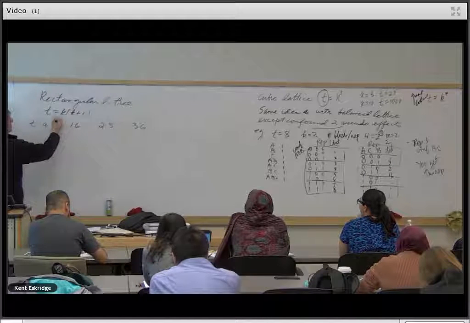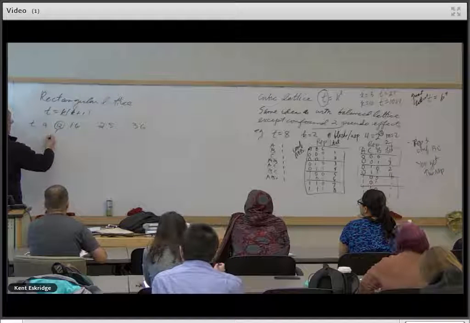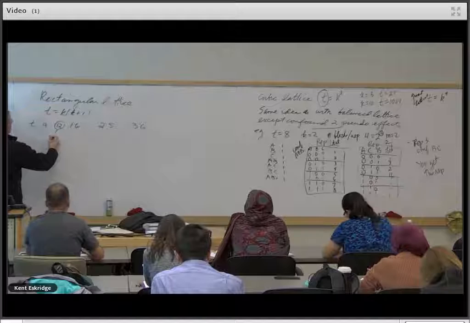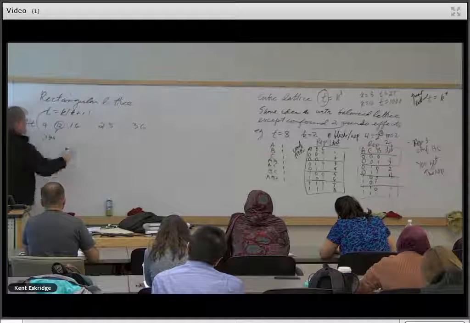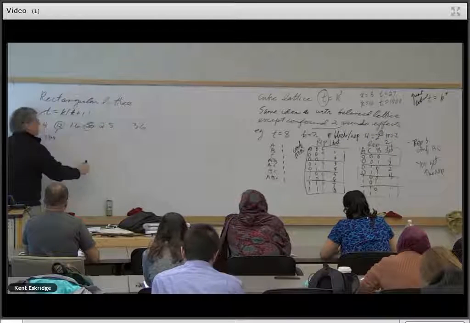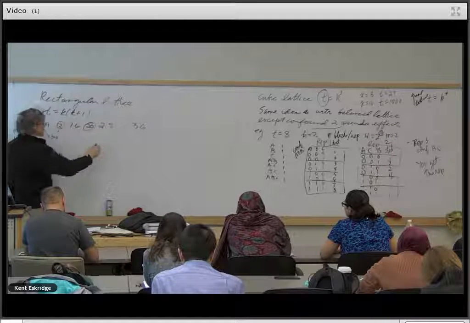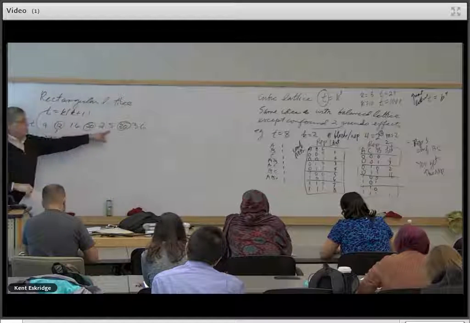How many treatments can I get with a rectangular lattice? I can get 12. So this would be block size of 3 times 4, which is 12. So T is equal to 12 for a rectangular lattice. So I can get 12, I can get 20, I can get 30. So with rectangular lattices, you have more flexibility.